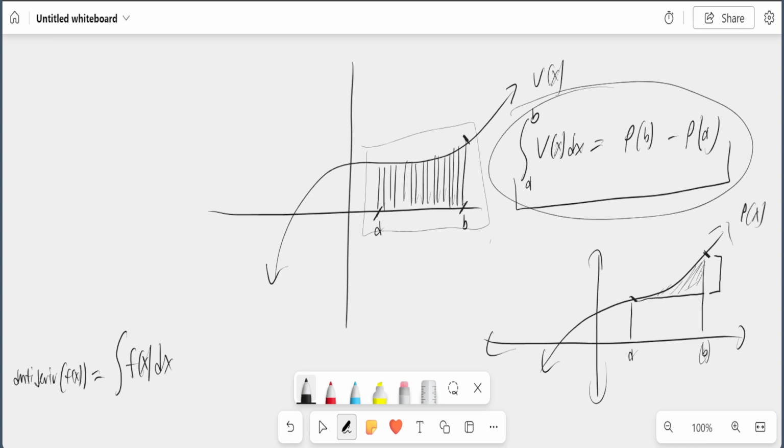Does that make sense? Or I can try explaining it a little better. So a definite integral is just like the change over that interval. From a to b, it's the change, right? And it makes sense why we subtract the bottom from the top.